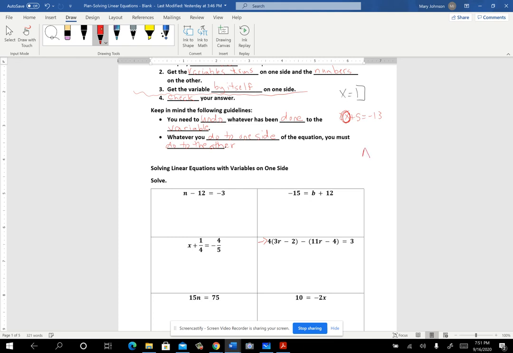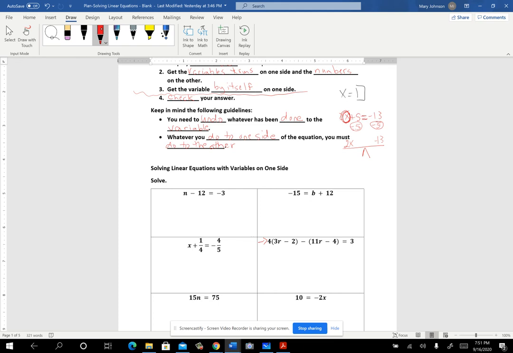Okay, so right now, everything's nice and balanced. So for instance, if I decide to subtract 5, and that's going to leave me just a 2x over here on the left, well, I can't just leave this a negative 13 over here. It won't be balanced. If I subtracted negative 5, let me say that better. If I added a negative 5 to the left, then I need to do the same thing to the other side of this equal sign in order to keep it balanced.